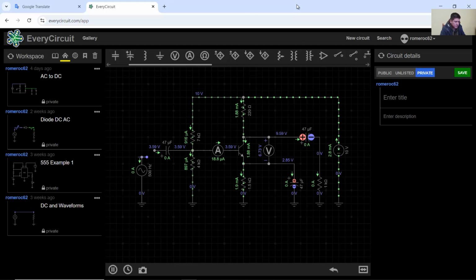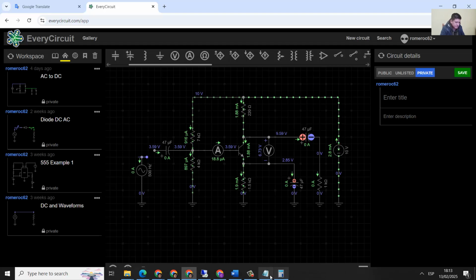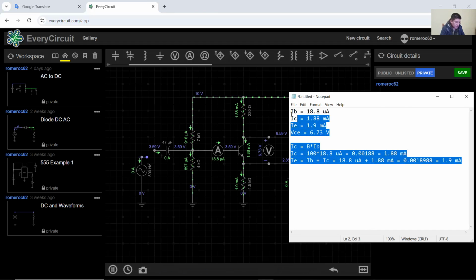Very good, my friends. Okay, and now, so this is the polarization of the circuit. Okay, the polarization of the transistor. Verify with this, and all is very good.